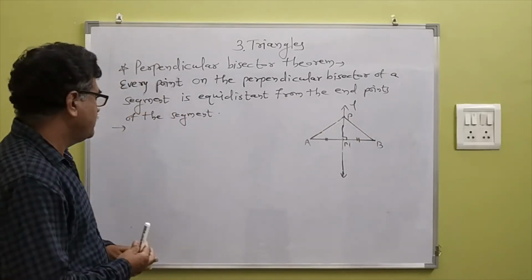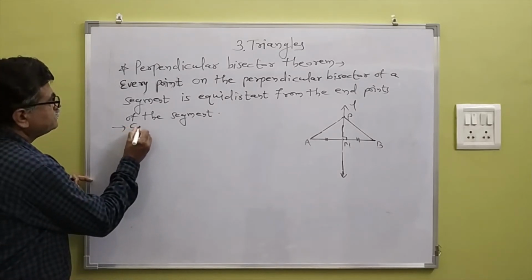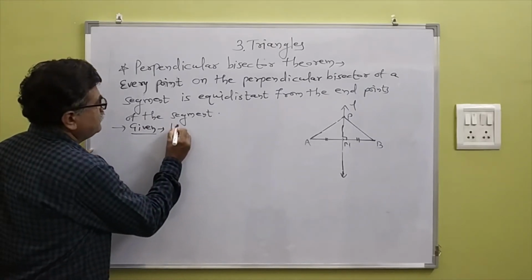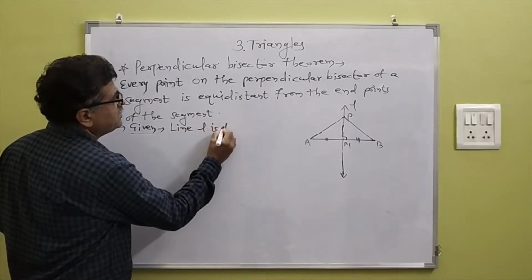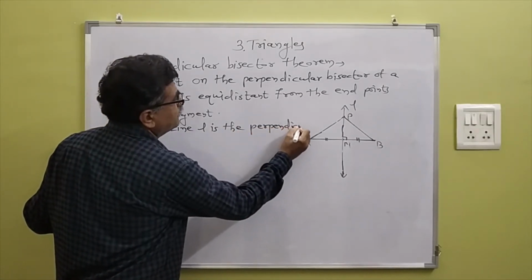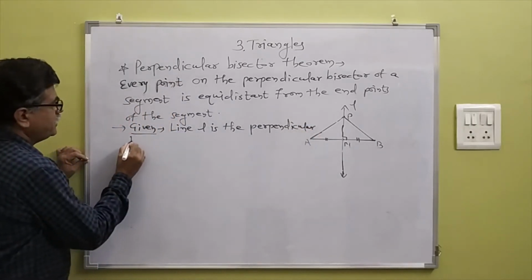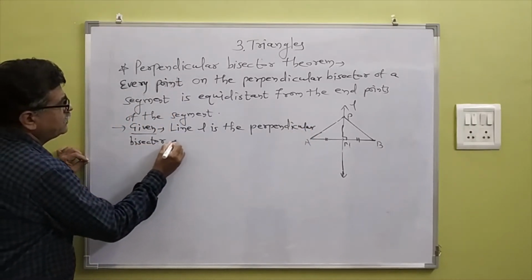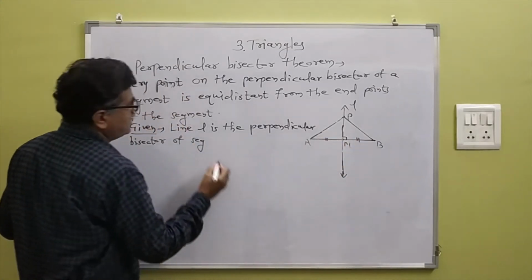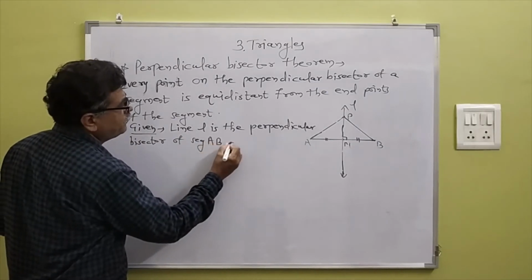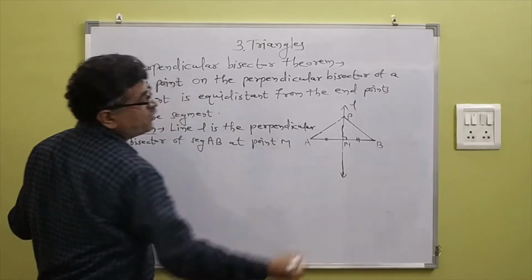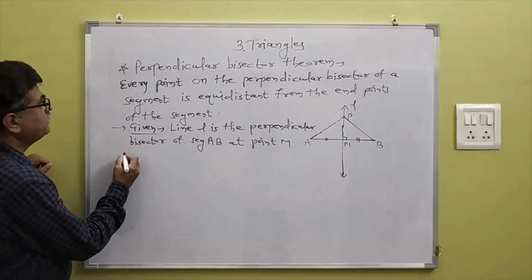This is the proof. Now write down here, given line L is the perpendicular bisector of segment AB at point M. This is given.